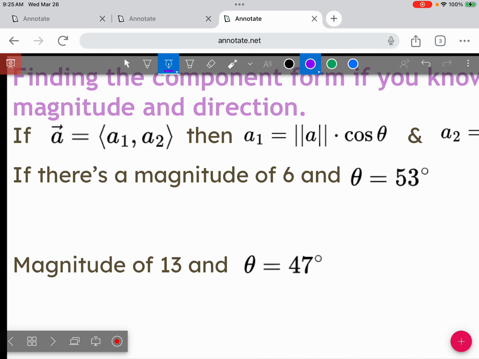So we can find the x value, this change in x, by taking our magnitude. Our magnitude is 6 times cosine of our angle.